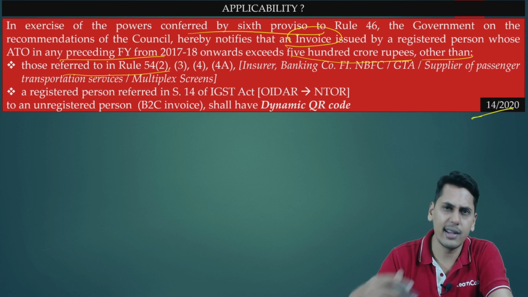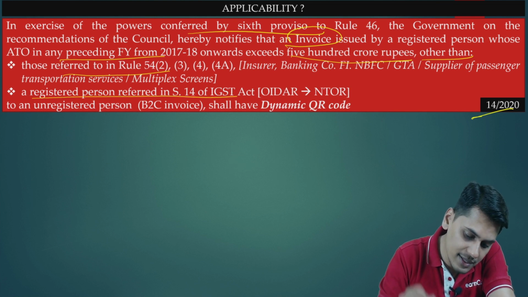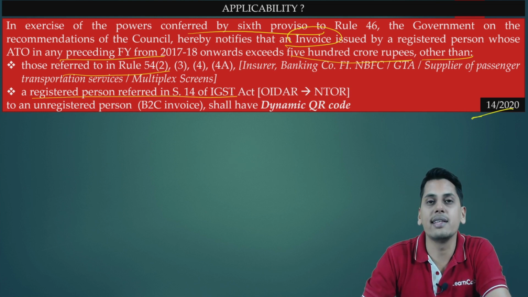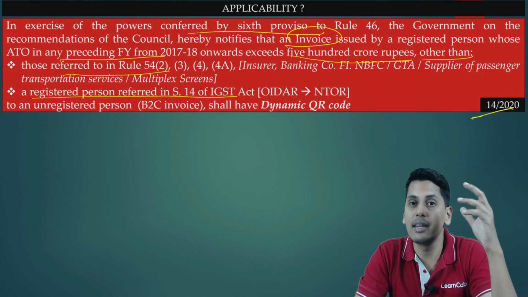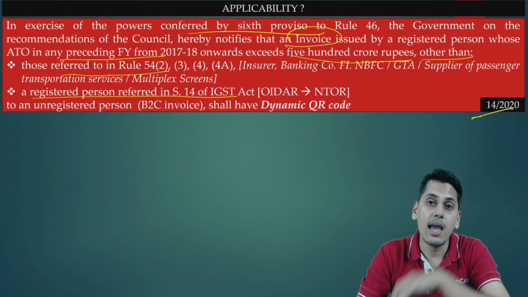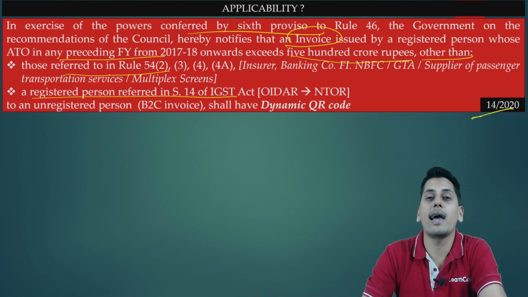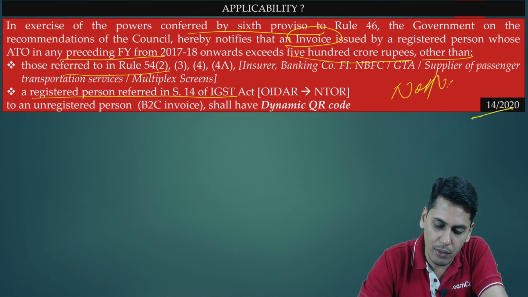that is, those notified suppliers, or other than a registered person referred to in section 14 of the IGST law. That means an online information database access and retrieval service provider who is located in the non-taxable territory and who is supplying services to a non-taxable online recipient. The example we had seen, let's say, is Netflix.